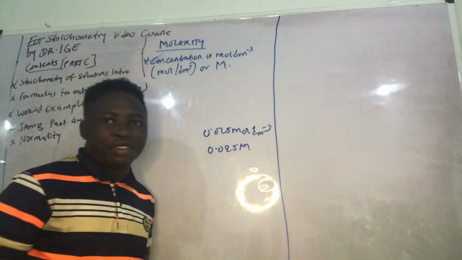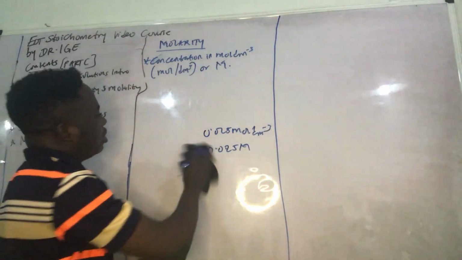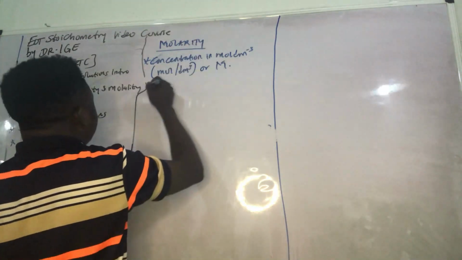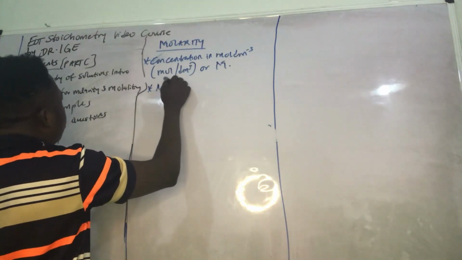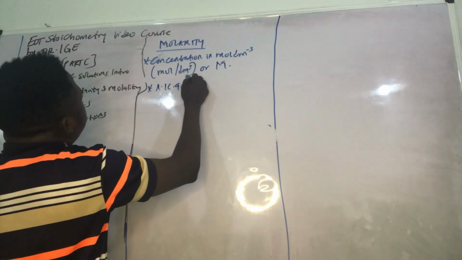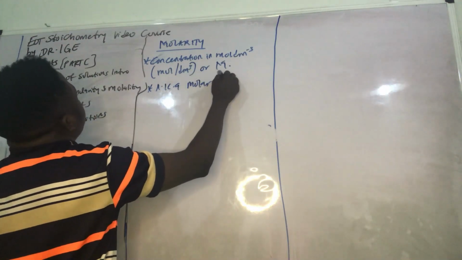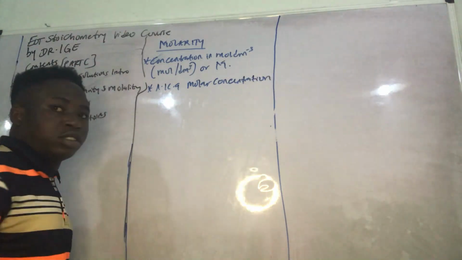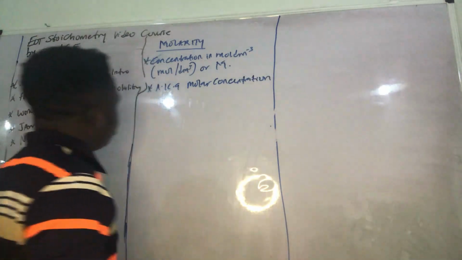You get, that's the molarity, concentration in mole per dm cube. It is also known as molar concentration.